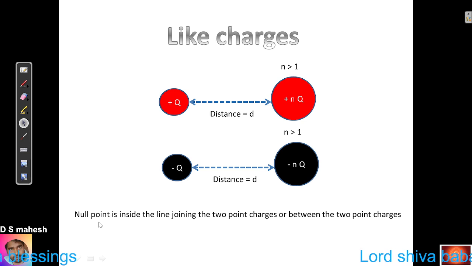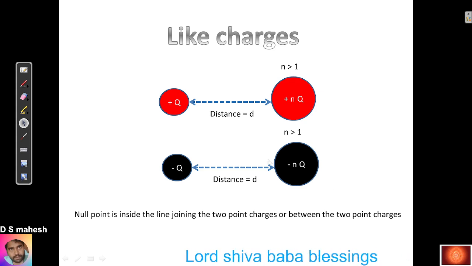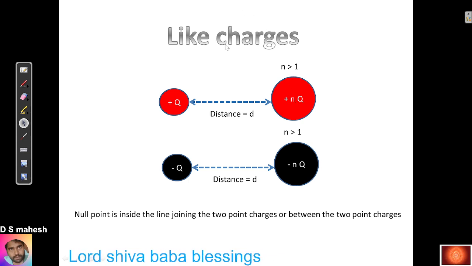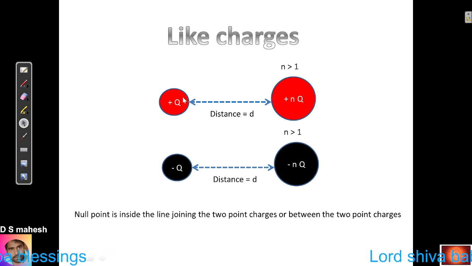So the null point is always inside the line joining the two point charges, or between the two point charges. When they are like charges, if I try to bring another charge, I can place this charge between these two point charges.